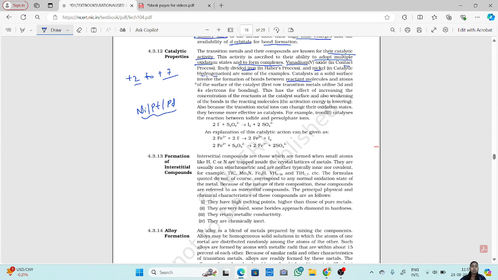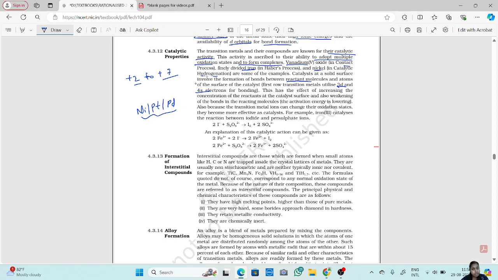Here the catalyst binds to the reactant molecules, and for this binding, first row transition elements basically use the d and 4s electrons for bonding. This has the effect of increasing the concentration of reactant at the catalyst surface and also weakening of the bonds in the reacting molecules.